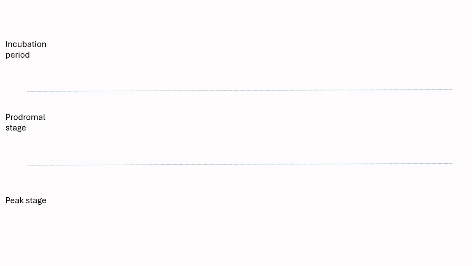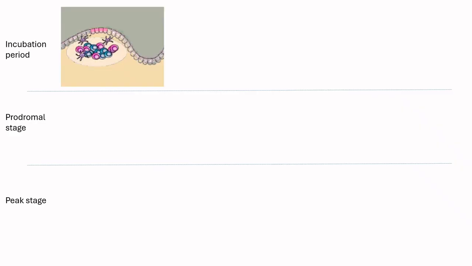We'll begin with the incubation period, and surprisingly much already happens in this period, even though we don't observe any symptoms here. So we start with our bacteria being in the gut lumen. They enter through these cells here, the so-called M cells or microfold cells, which are dedicated to sampling from the lumen, and they pass those antigens, or sometimes complete cells, on to immune cells below.